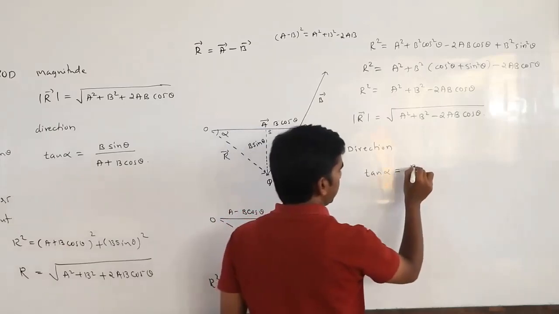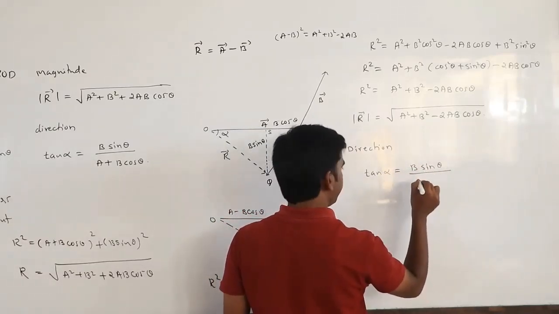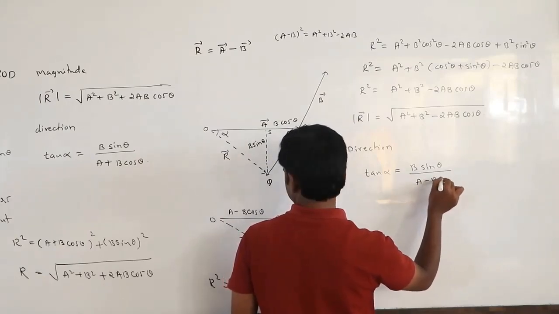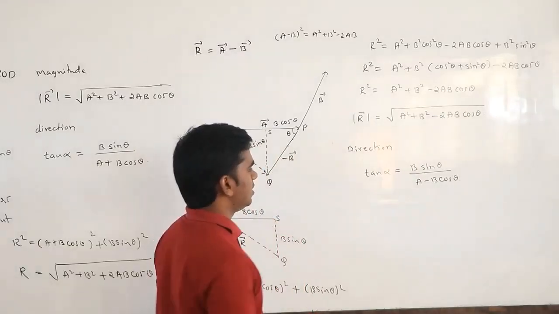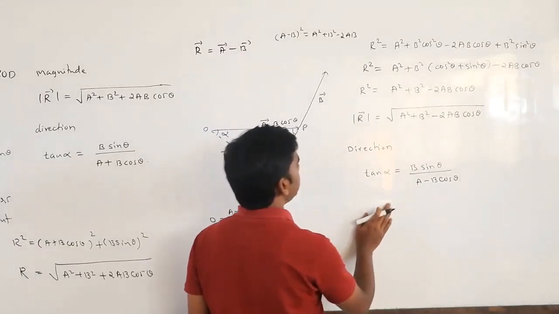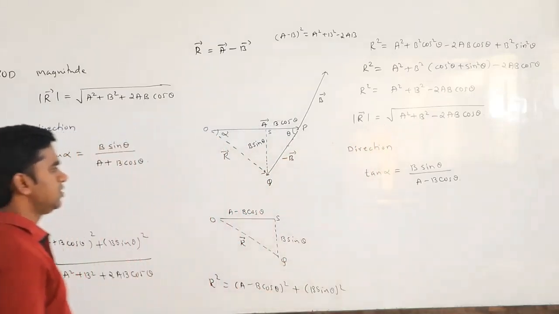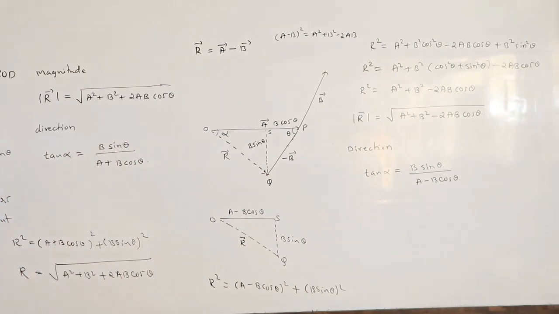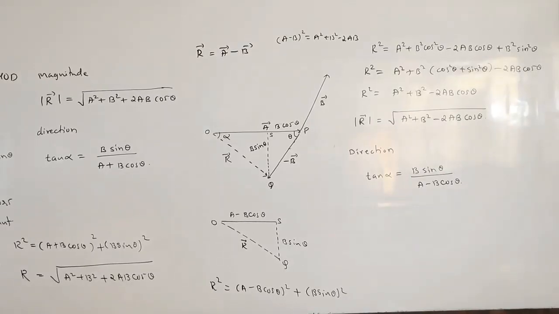Opposite is b sin theta divided by a minus b cos theta. This is going to be the direction of the resultant, and this is going to be the magnitude of the resultant. So the only difference is the negative sign between a plus b cos theta and a minus b cos theta. So this is how we can add and subtract by the analytical method.